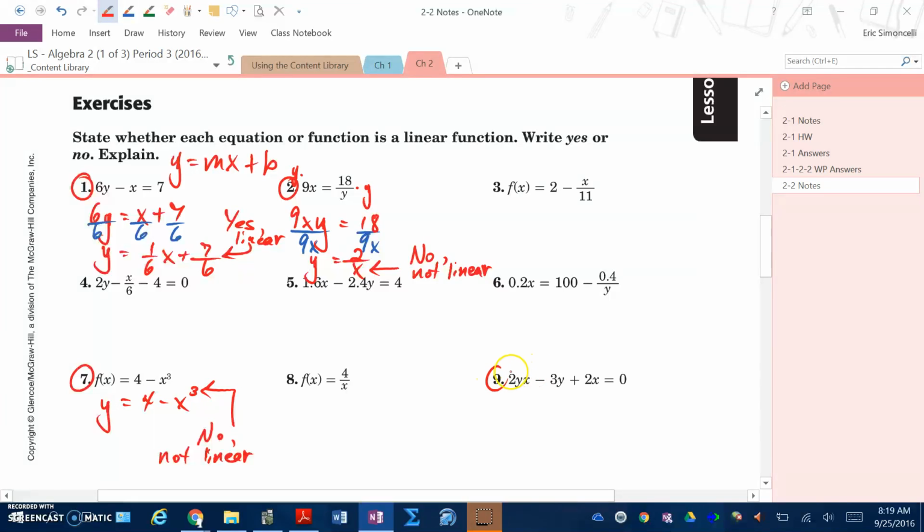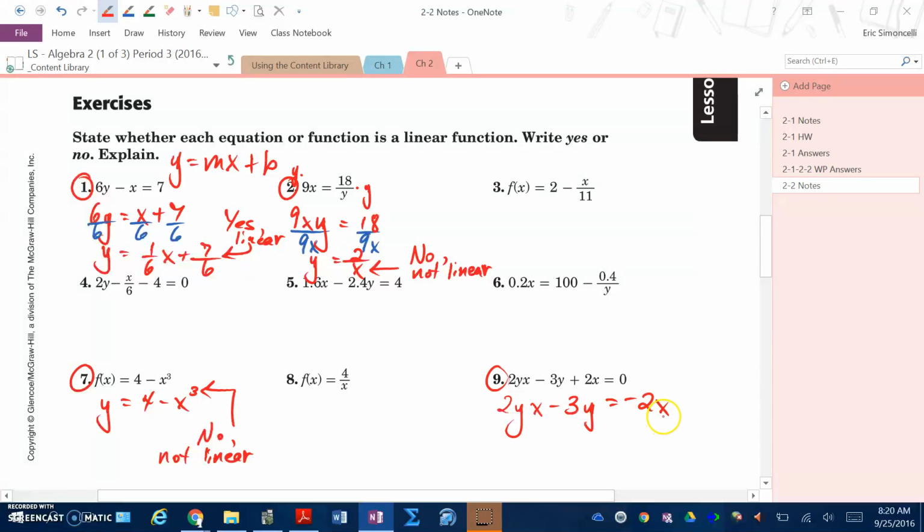We'll do one more problem here on this side. We'll do number 9. In looking at number 9, we see that we've got 2yx minus y plus 2x, attempting to get y by itself. Anytime you have more than one variable in a problem, and you're trying to get y by itself, let's just get y in at least those two terms on one side.